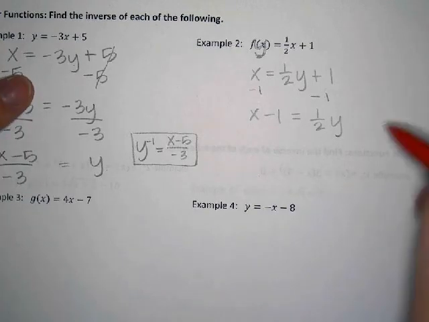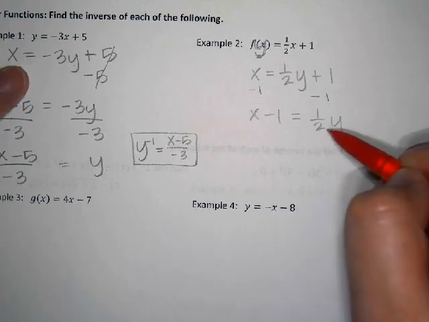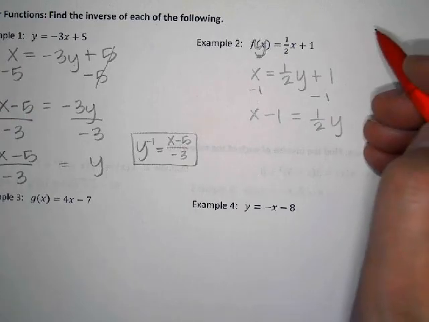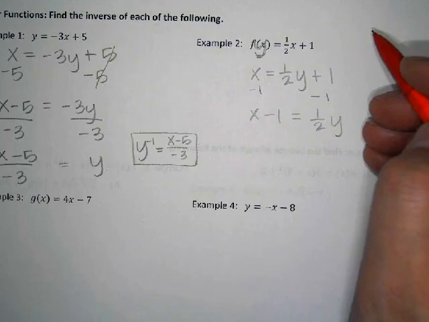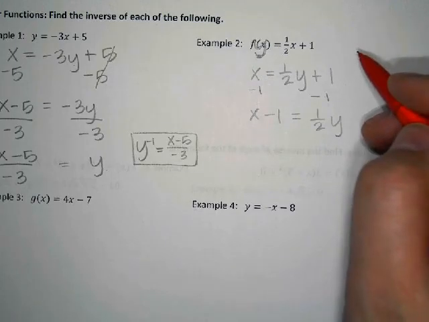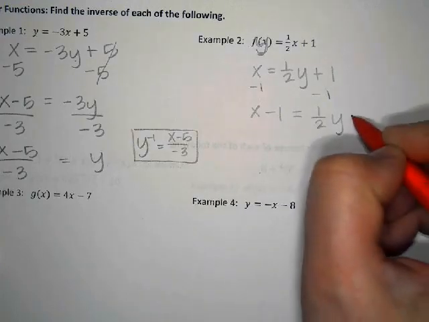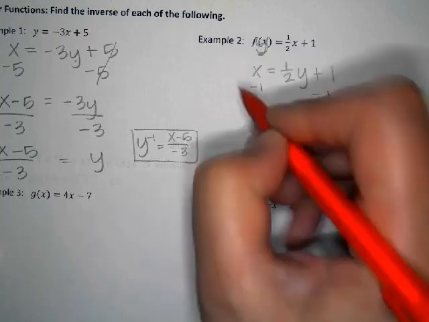And then to get rid of 1/2, you could divide by a fraction, but that's kind of uncomfortable. So most people, instead of dividing by a fraction, would just multiply by 2, because multiplying by 2 would get rid of the fraction. Does that make sense? Now you could divide by a fraction, it's just not quite as comfortable.